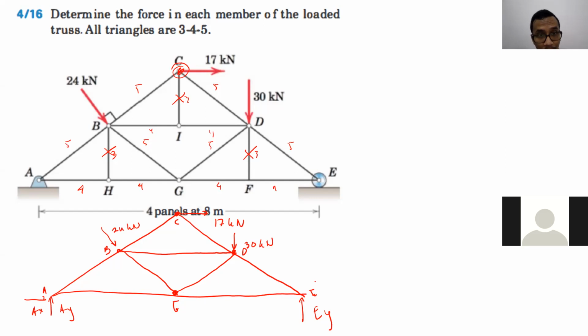Does anyone want to ask a question about this particular problem? How can I simplify the case into the free body diagram shown below? Anyone having any question?